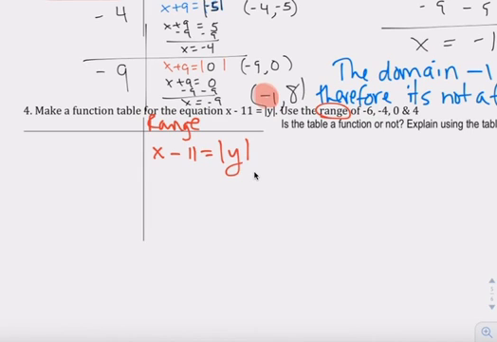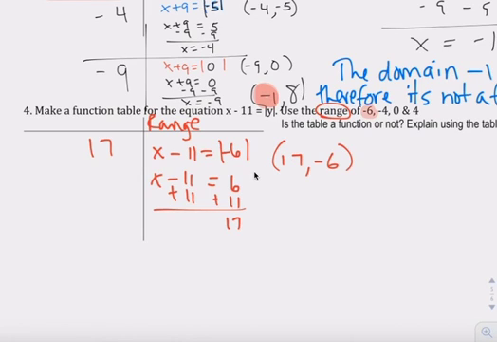You substitute in this -6 where y is. So you put -6 there, the absolute value of -6 is 6, and x minus 11, add 11, you get 17. So your ordered pair here is 17, -6.